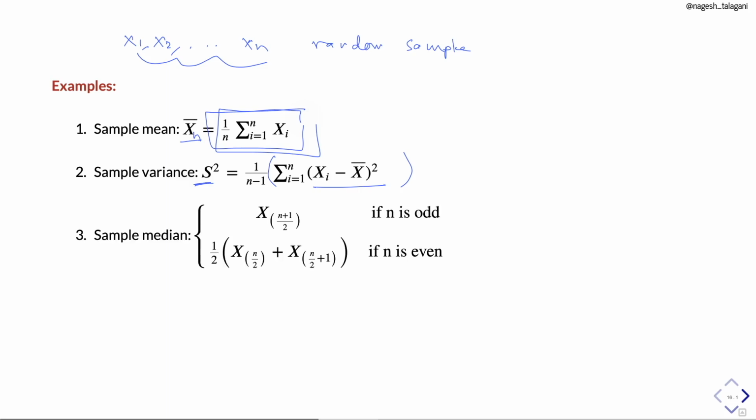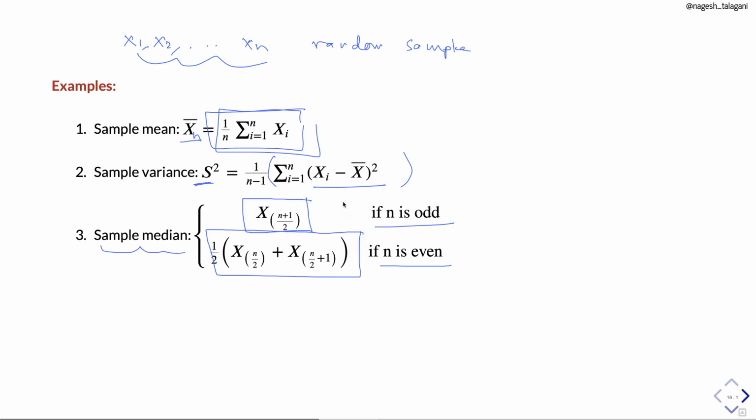Next, sample median. If n is odd, the middle order statistic is called the sample median. If n is even, the average of the two middle order statistics is called the sample median. We know these order statistics are functions of X1, X2, Xn. So the sample median is going to be a function of X1, X2, Xn, and it is an example of a statistic.